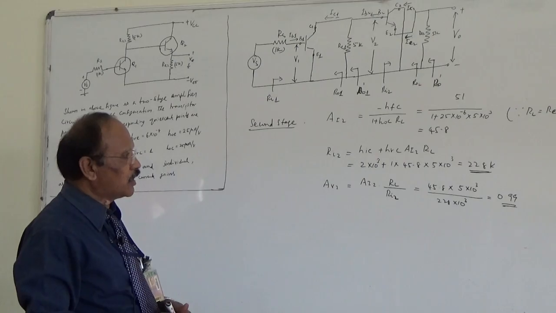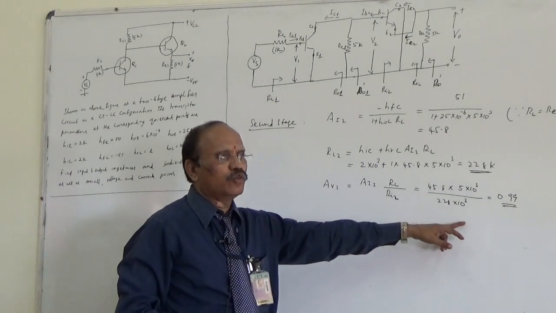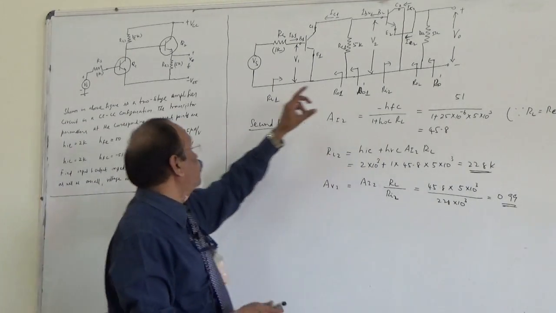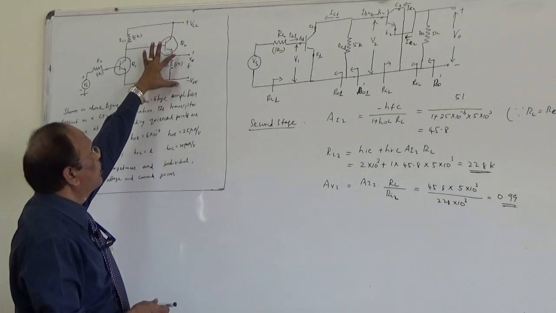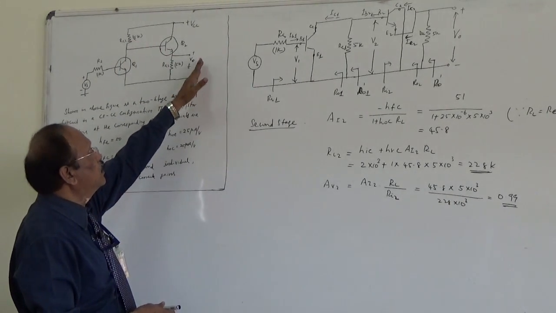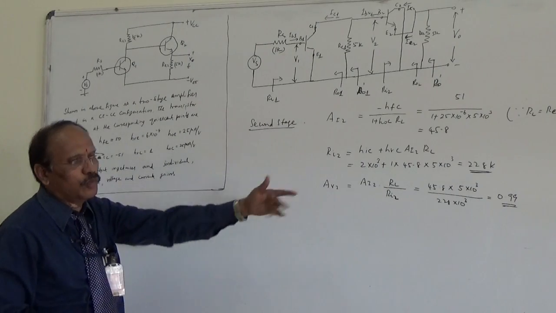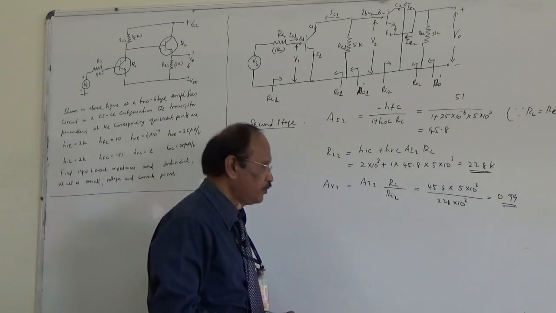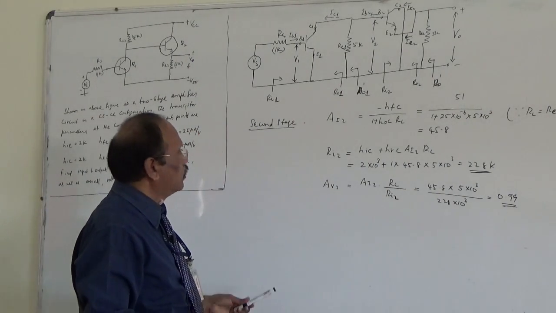For a common collector the voltage gain is less than unity, since we are taking the output across the emitter, so it will definitely be less than the base terminal voltage. So the voltage gain will be less than 1, about 0.99.